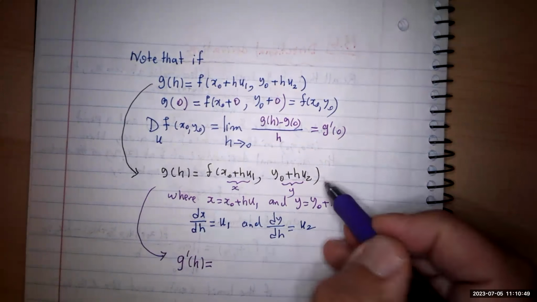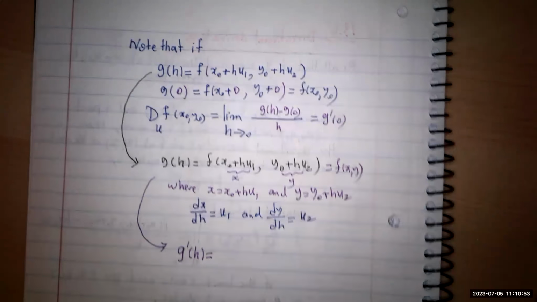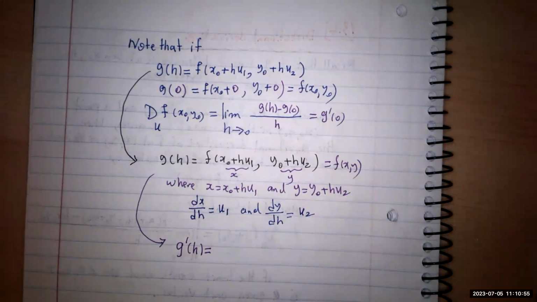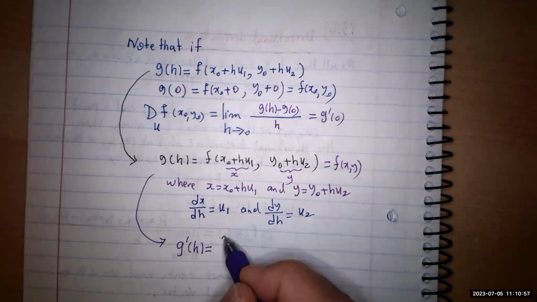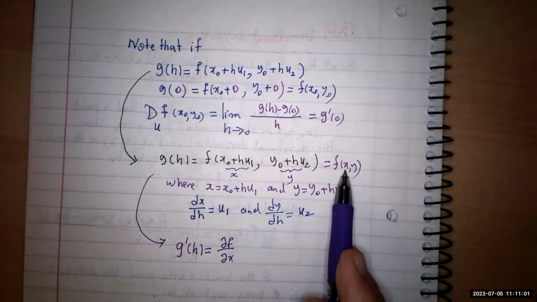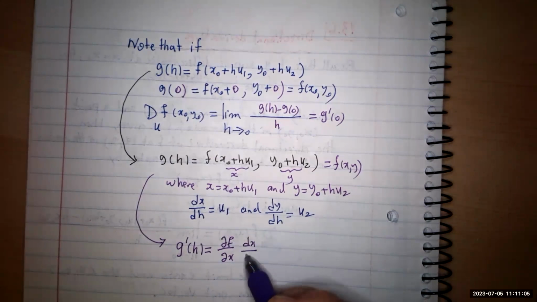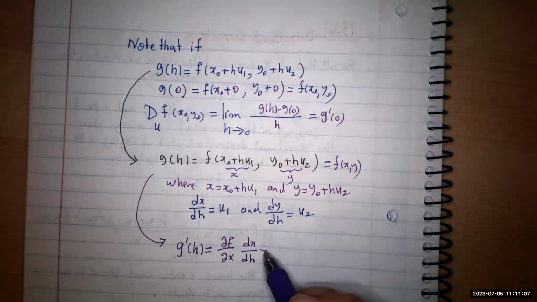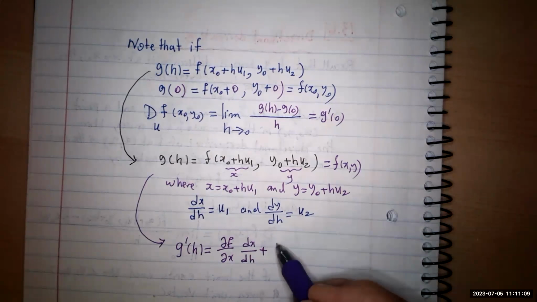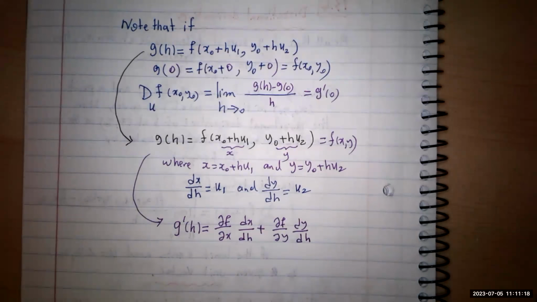You see, this is f of x and y. So use chain rule. Derivative of the outside would be round f round x times derivative of the inside with respect to h, which is dx dh, plus round f round y times derivative of y with respect to h.